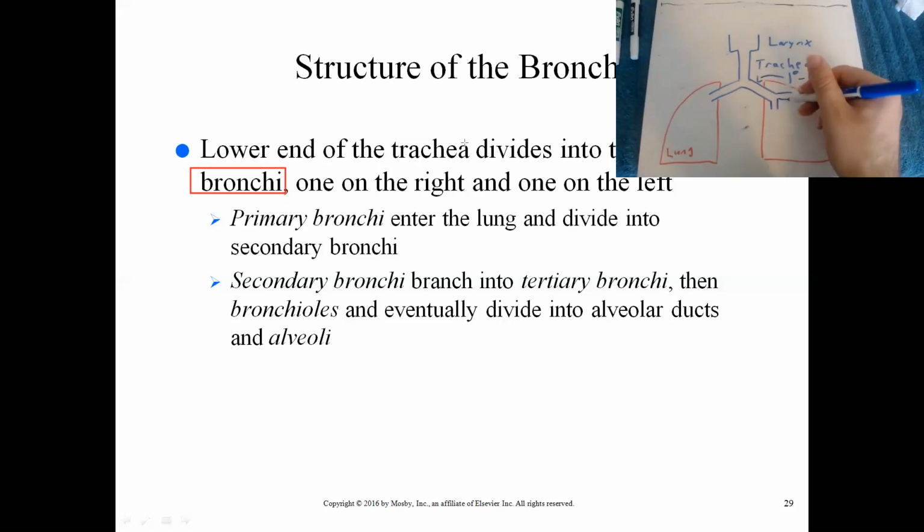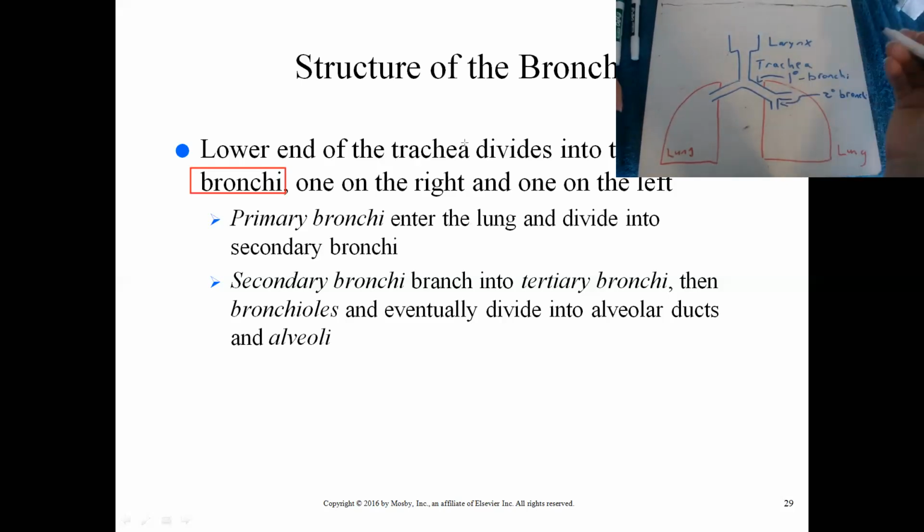The primary bronchi split into secondary bronchi. That's on the slide as well. All these terms are in the slide. Secondary bronchi.